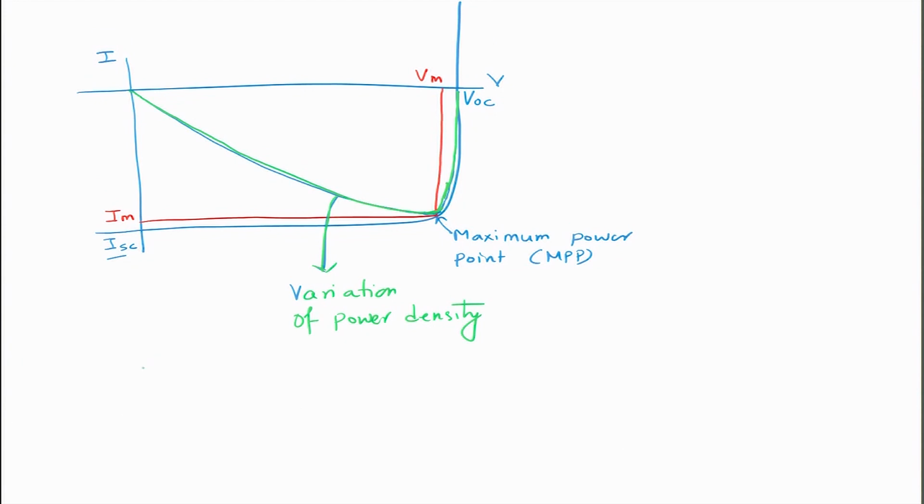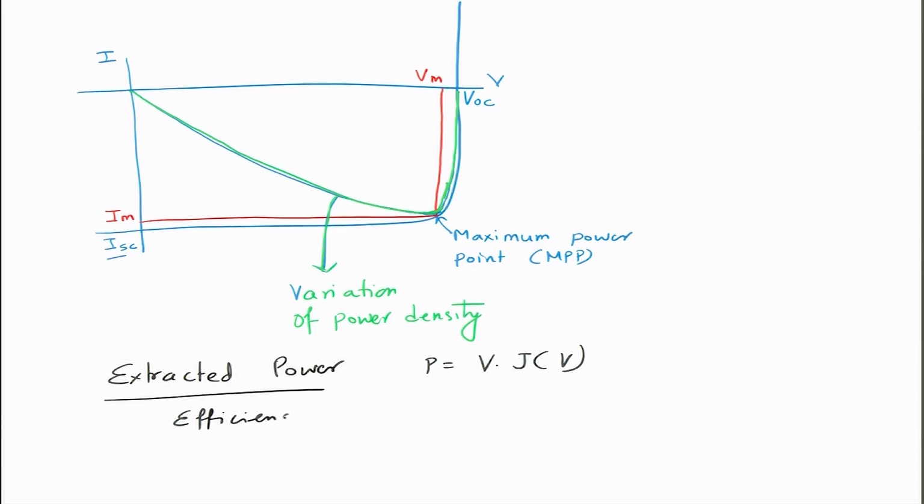So, the extracted power of a solar cell is P equal to V into JV, and efficiency is equal to V into JV divided by PS, and this is maximized when d(JV into V)/dV is equal to 0, right, because it shows a maxima here.